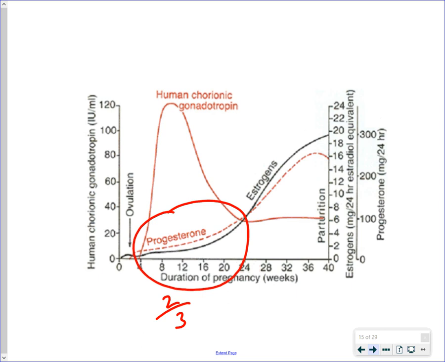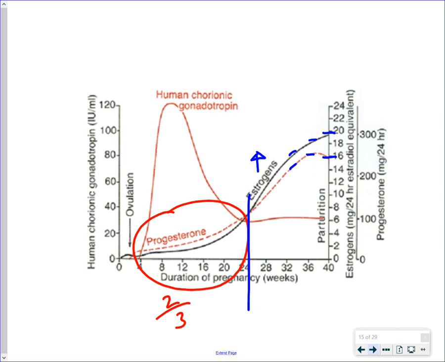Then we have this little bit of a change here. So at about 2/3 of the way through, slowly it starts to switch over, and there's an increase in the amount of estrogen. The greater that difference between the estrogen and the progesterone, the more contractions we're going to see. So we talk about the timing between the contractions in the female's uterus.